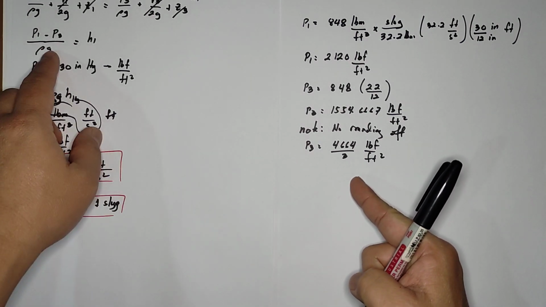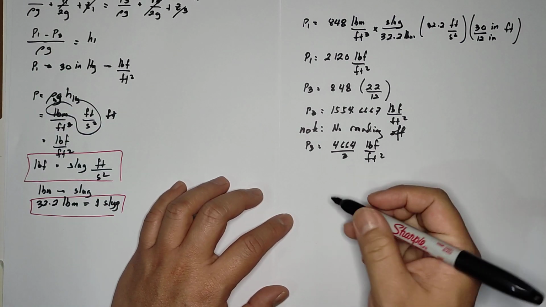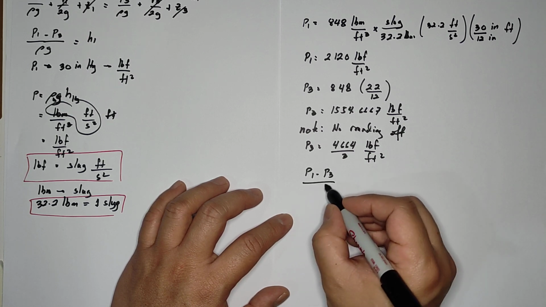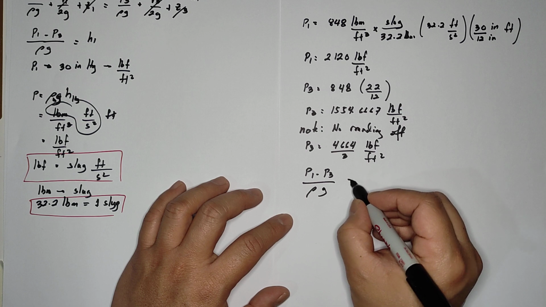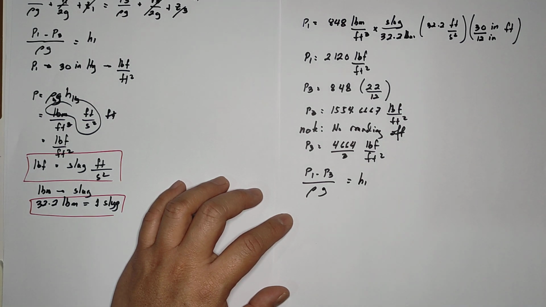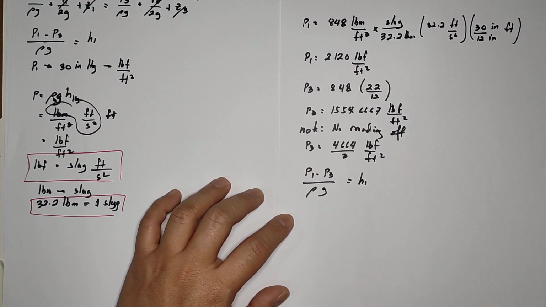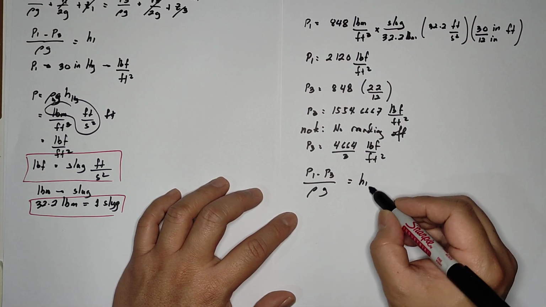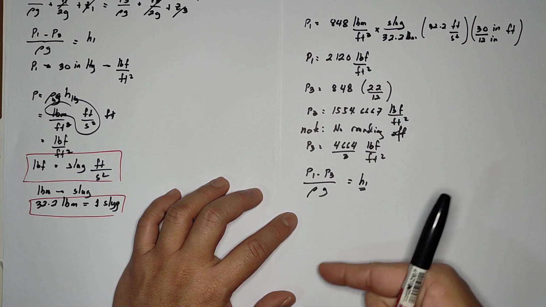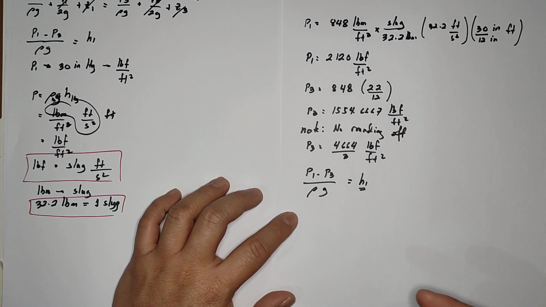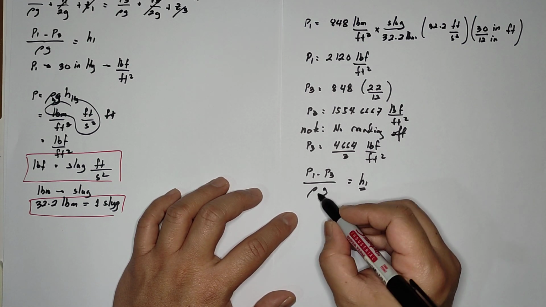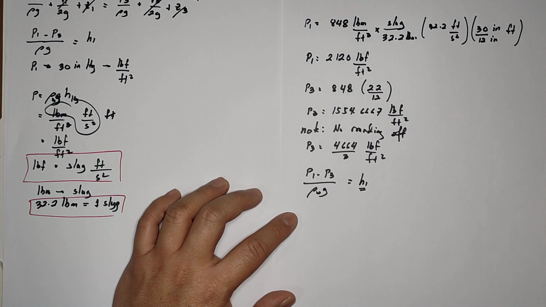Now let's go back again to this equation: P1 minus P3 over rho g equals H3. Take note, this one should be the swell of water, so it should be the density of water.